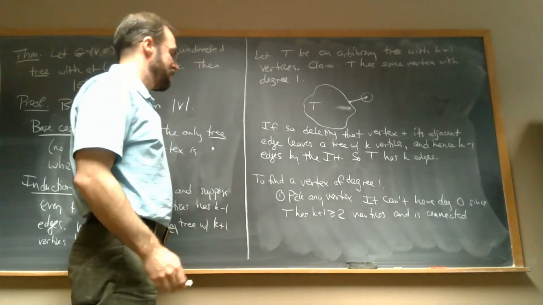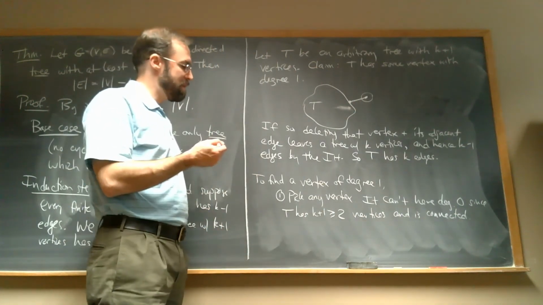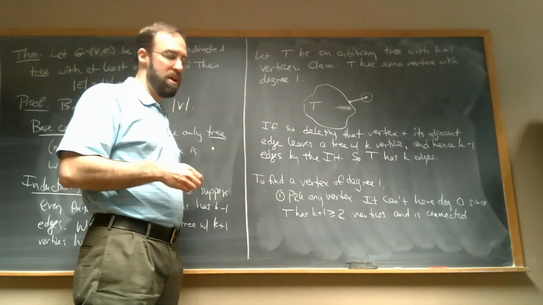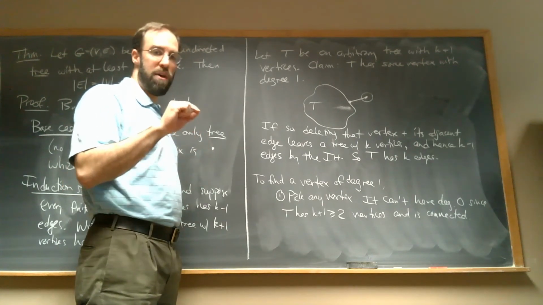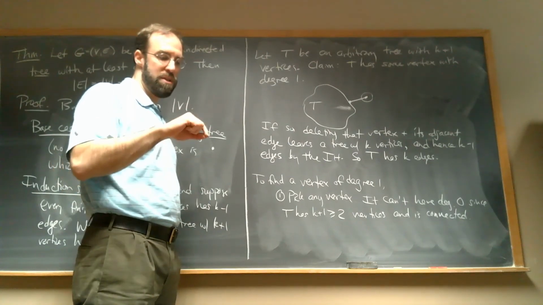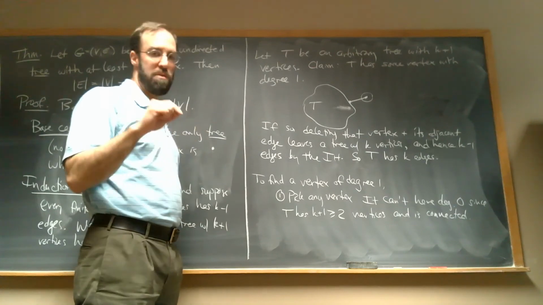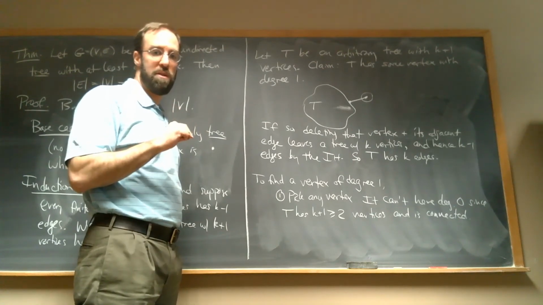Okay, so now that we know we have a vertex and it has degree at least 1, could be 5, or who knows, we can just keep following edges. Okay, so follow an edge, we'll get to another vertex, follow an edge, get to another vertex. We just want to make sure that we never go back along an edge that we've already been on before.